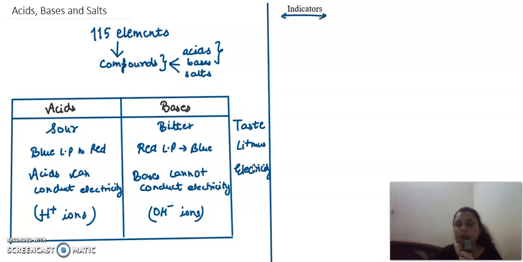Indicators are substances that help us differentiate between acids, bases and salts. So let's study about it. Indicators are of three types. One is natural indicator. This is very easy, like we know from its name that it comes from nature.